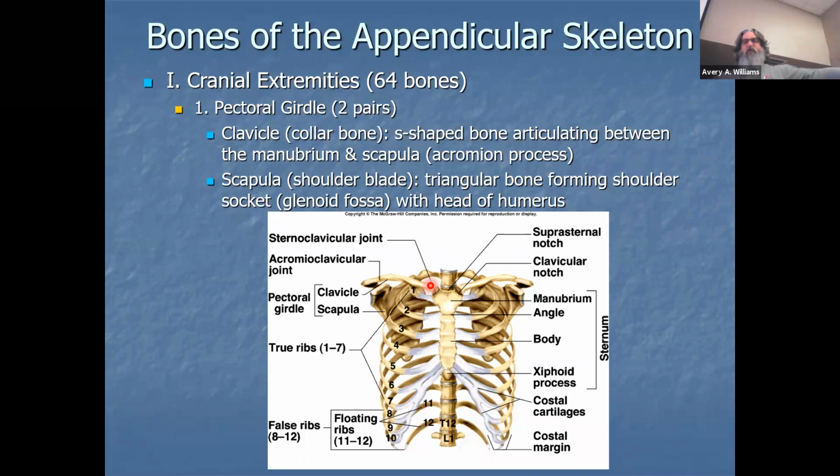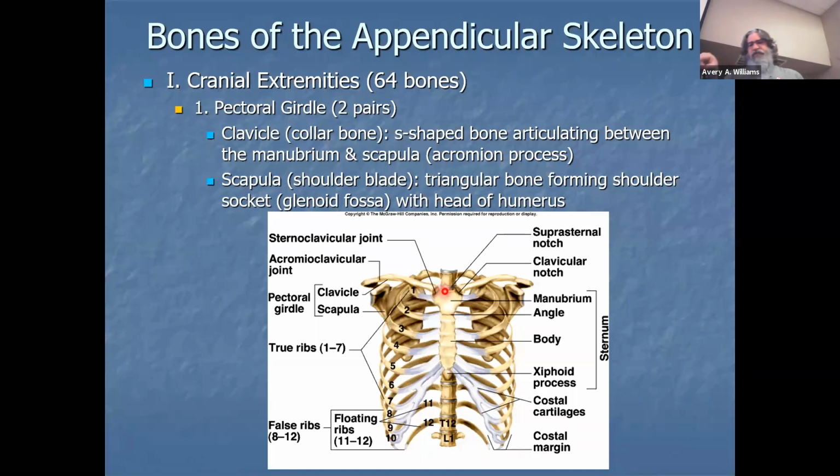And so the entire arm's articulation with the axis rests on this one joint right here where it articulates with the manubrium, okay? And if you lock your elbows, that compressive force that's being shot through your arm, through your elbow, to your shoulder is transferred to your manubrium right here.